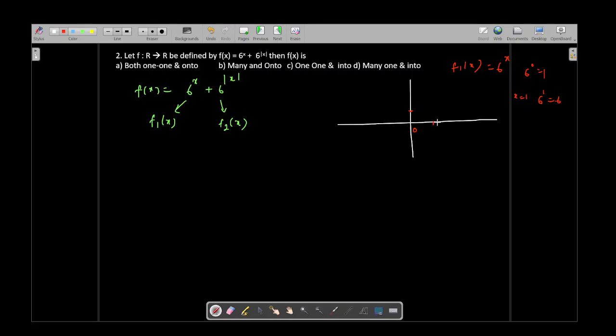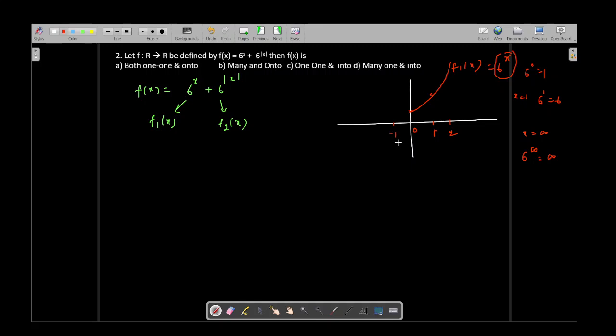And as I increase x in the positive x-axis, the value of f1 of x will increase. If I put x is equal to infinity, I'll get 6 power infinity, which is infinity. So it increases to infinity in this direction.